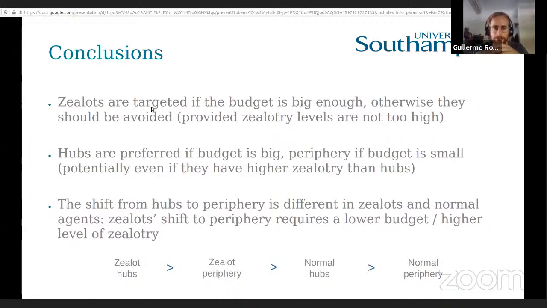And we found a bit of the same behavior but extended. If you have very low budgets, you would first target the Zealots that are in favor of your own opinion, then you go to normal agents, and then, as the budget increases, you go to the Zealots that have the opposite opinion. So it's similar behavior to this simpler case.